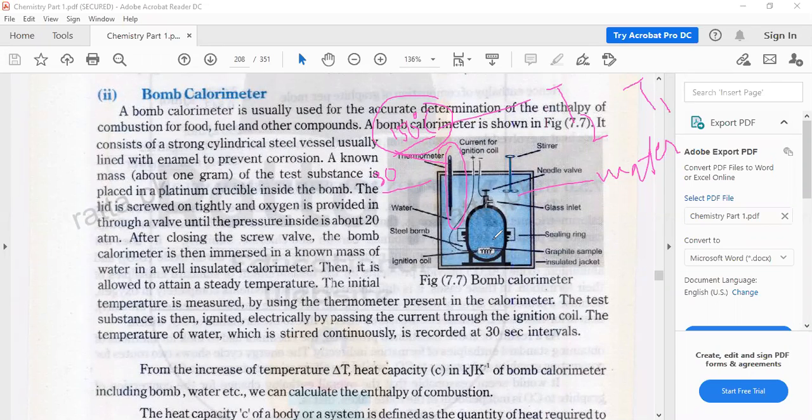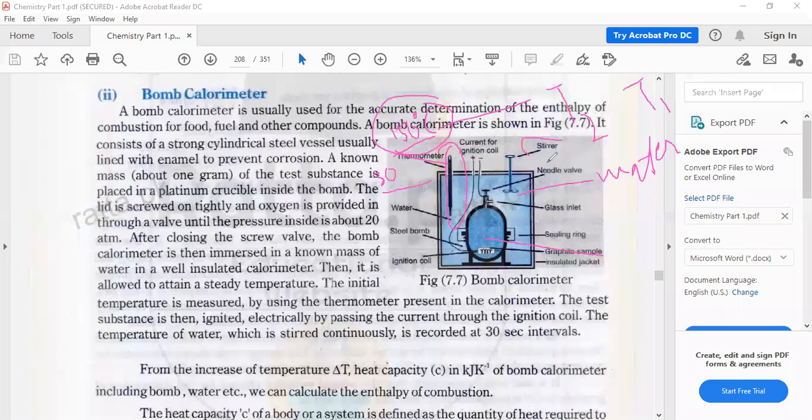If we are using any kind of fuel, any kind of hydrocarbon, to check the combustion reaction and their enthalpy, we place that material in this steel bomb, which contains a platinum crucible. In that platinum crucible, we place our sample.